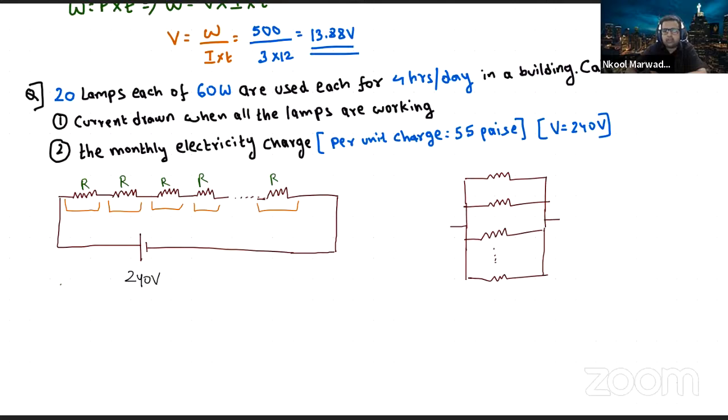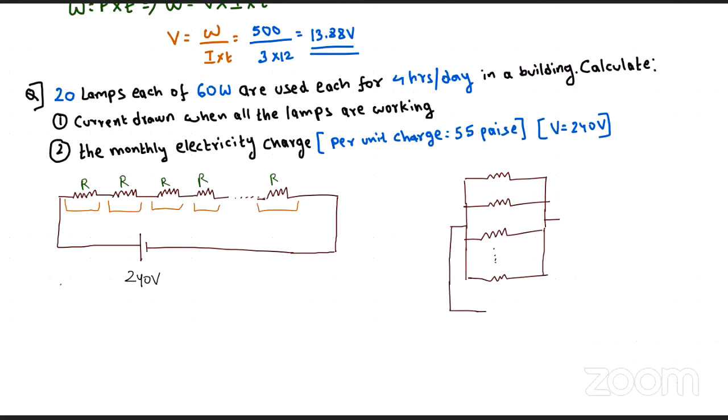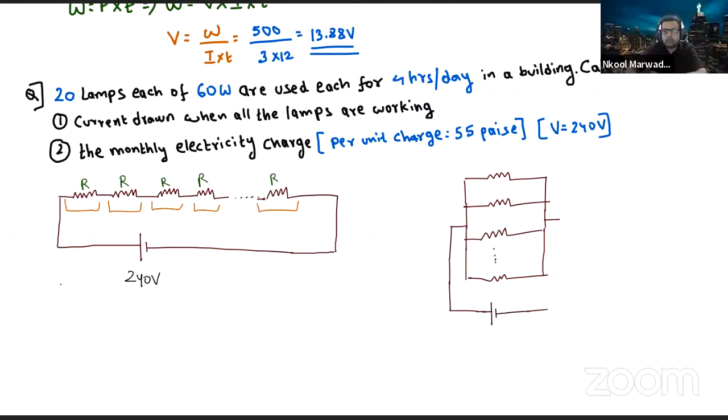Now you tell me which one is more efficient, which you will prefer. Parallel. Very good, that's the right answer. We will prefer the parallel, and there is a reason for that.